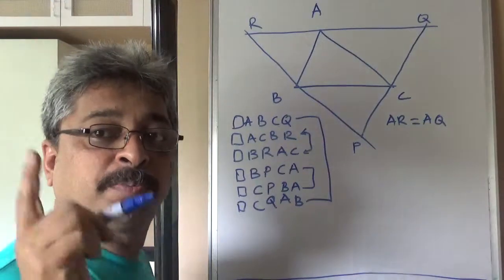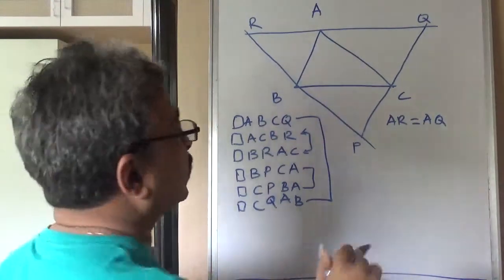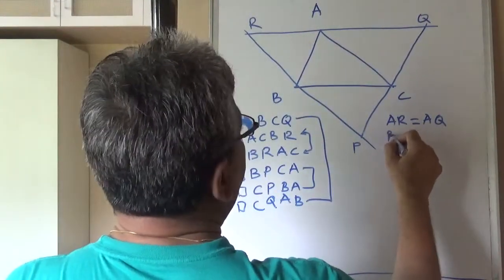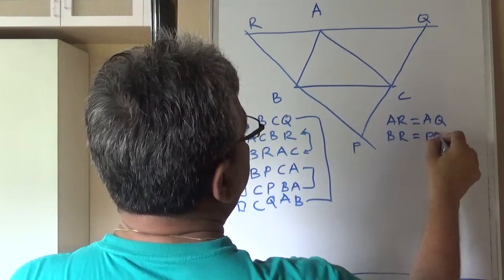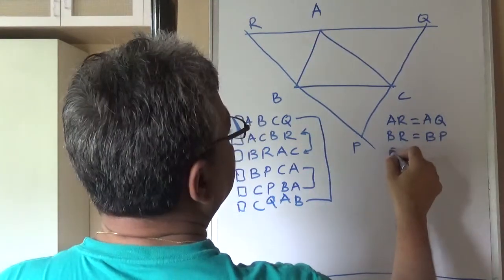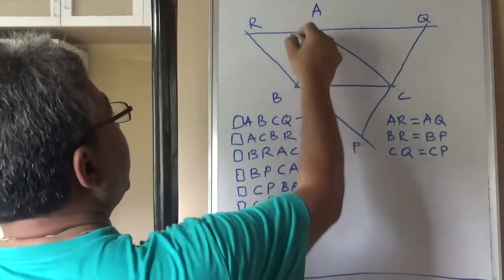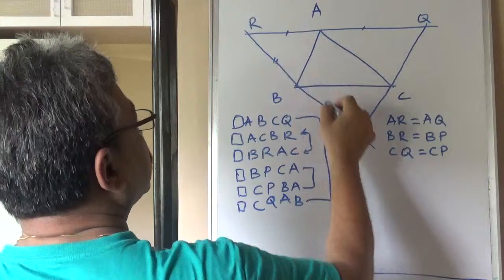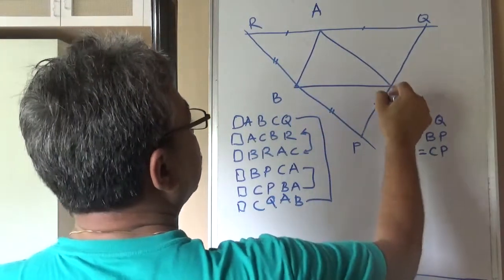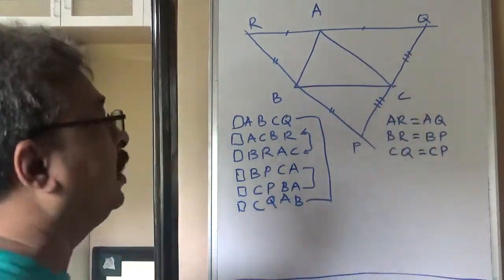You need to discover that from the property of parallelograms. Similarly, BR is equal to BP and CQ is equal to CP. So they happen to be the midpoints of the corresponding sides of triangle PQR.